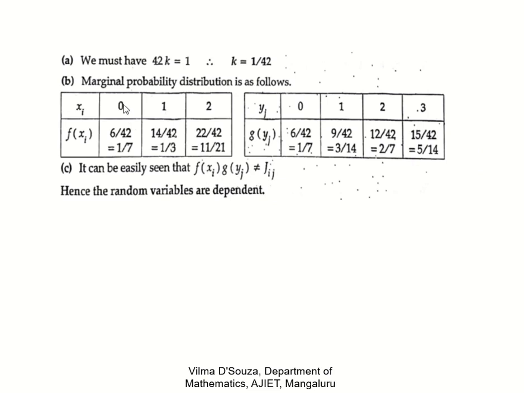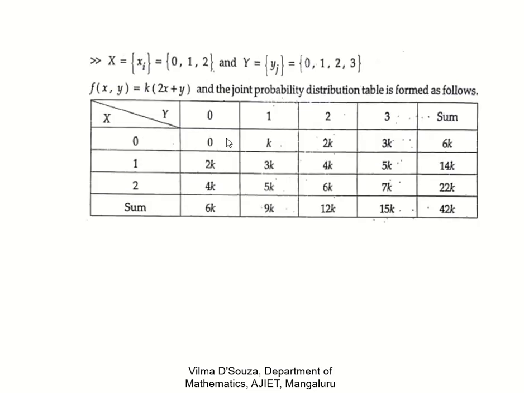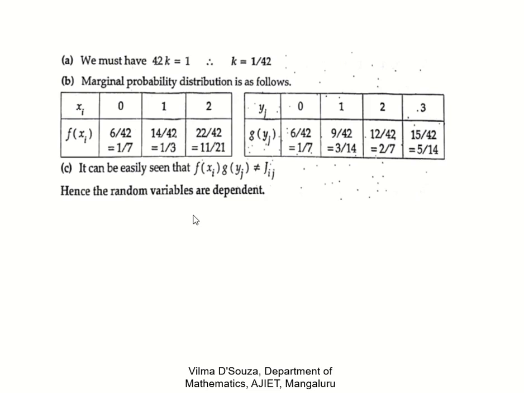See, if you consider the first one, x1, what is f of x1? 1 by 7. g of y1, 1 by 7. So f of x1 into g of y1 is 1 by 49. But here what is j of x1 comma y1? 0. So 1 by 49 is not equal to 0. So they are dependent. They are not independent.